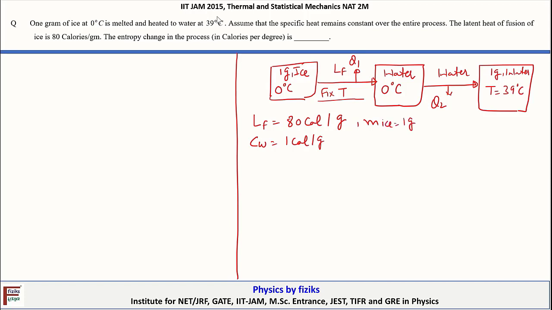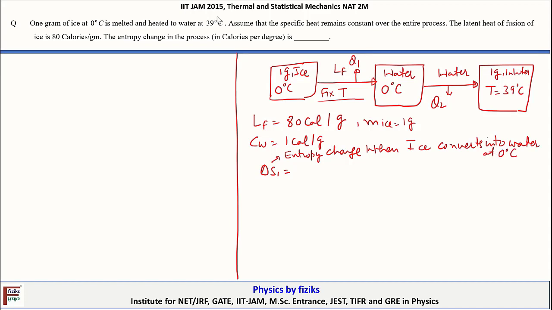So let's say delta S1 is the entropy change when ice converts into water at 0 degrees Celsius.